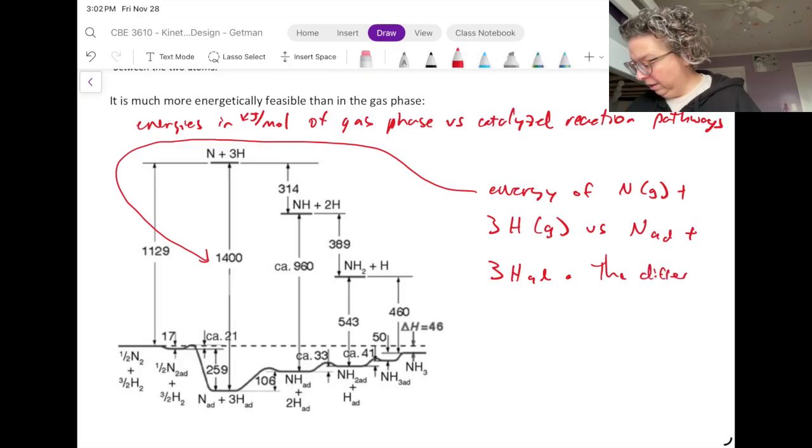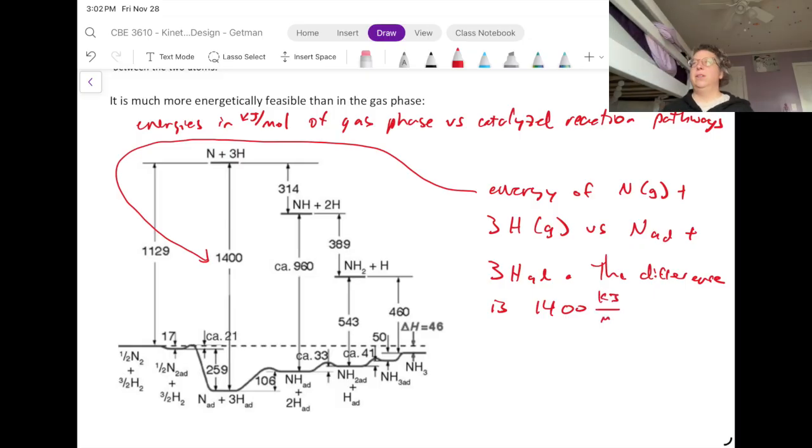The difference is 1400 kilojoules per mole. So it's 1400 kilojoules per mole more stable for these species to be on the catalyst surface than in the gas phase. These species are very unstable in the gas phase, and quite stable on the catalyst surface.